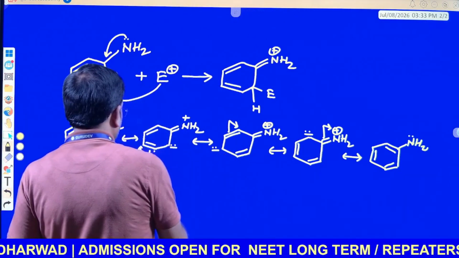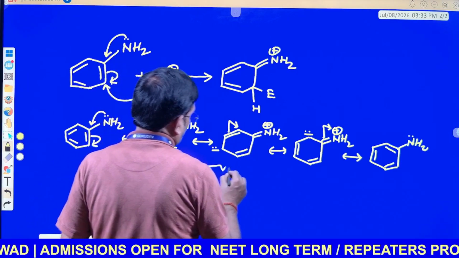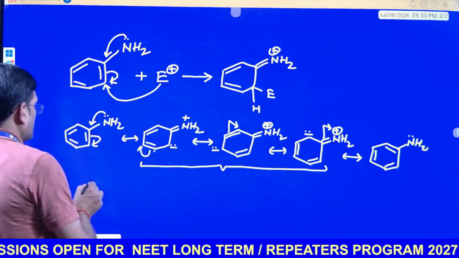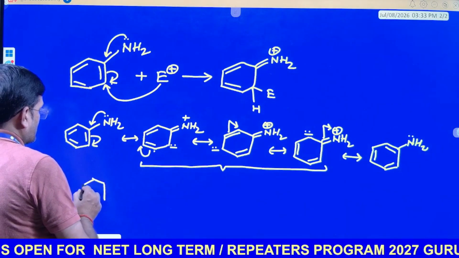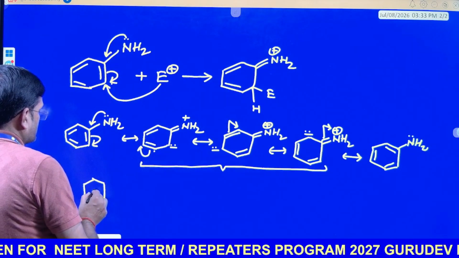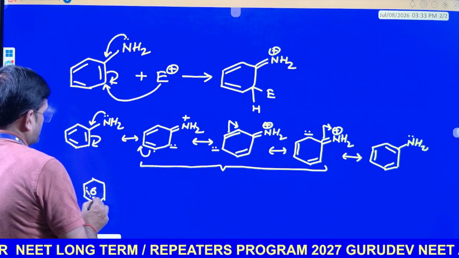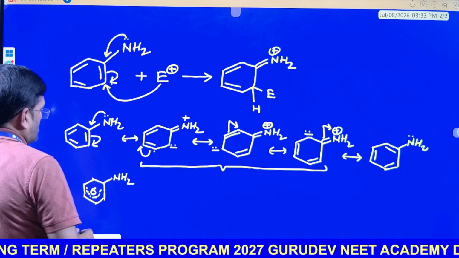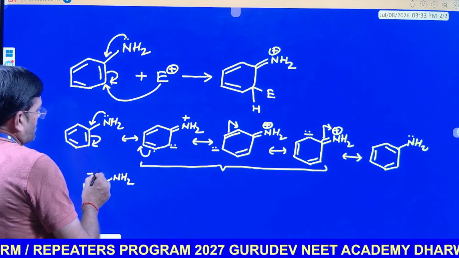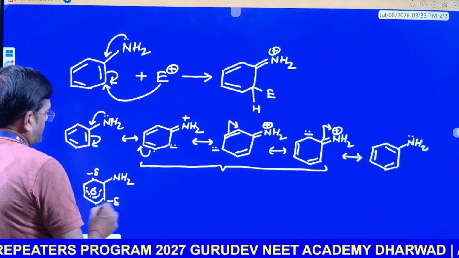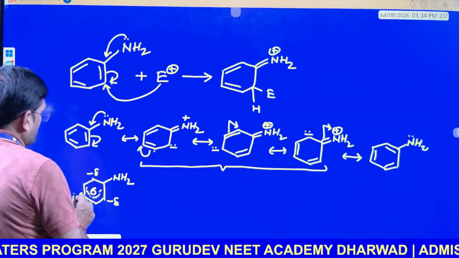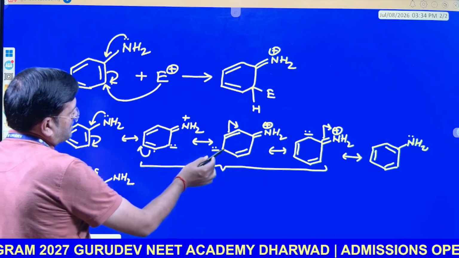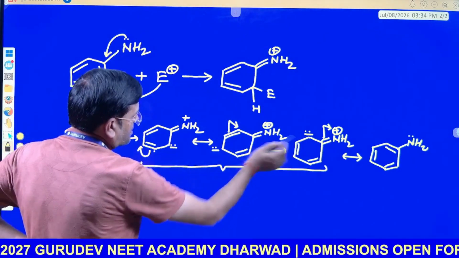So what you can observe in the sigma complex is that the negative charge is developed at ortho and para position only. You can see in this one this is ortho, in this one this is para, in this one this is ortho.